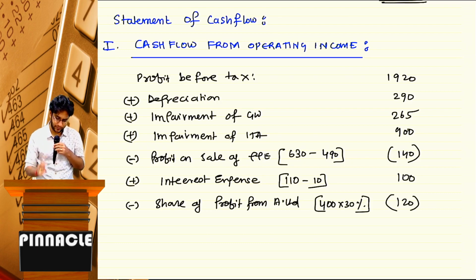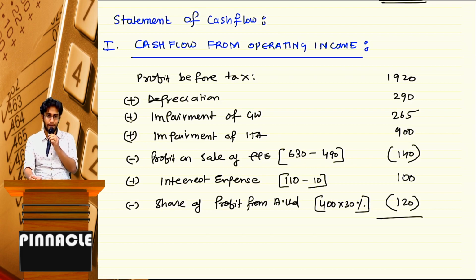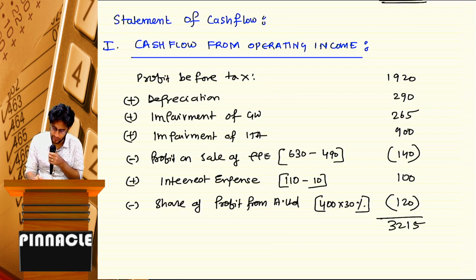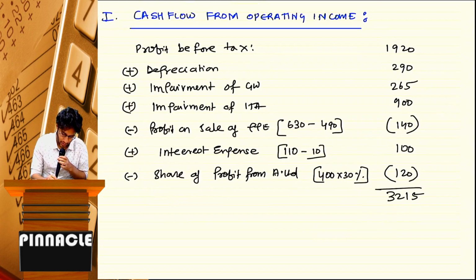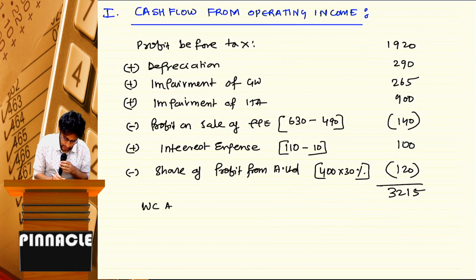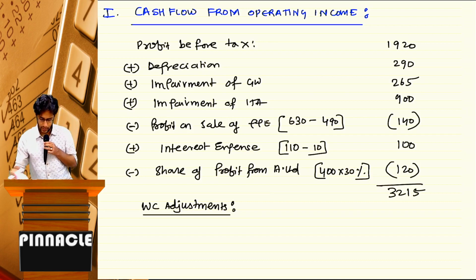Now you work out, sir, because except working capital adjustments, the rest all you should do. 3215. Okay. Now go and do working capital adjustments. Where you should be careful is subsidiary related assets and liabilities, whatever are there, be careful with that.